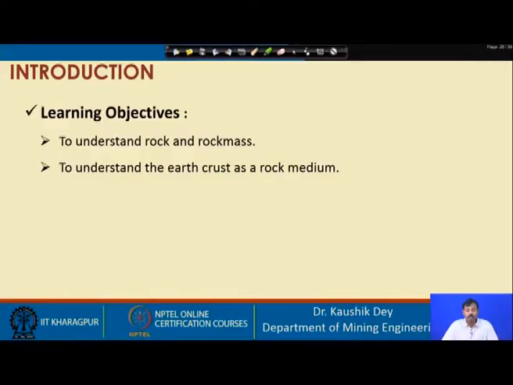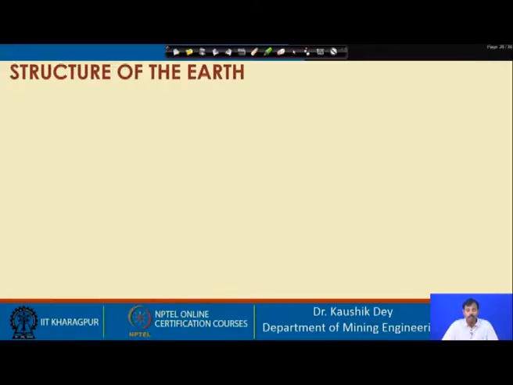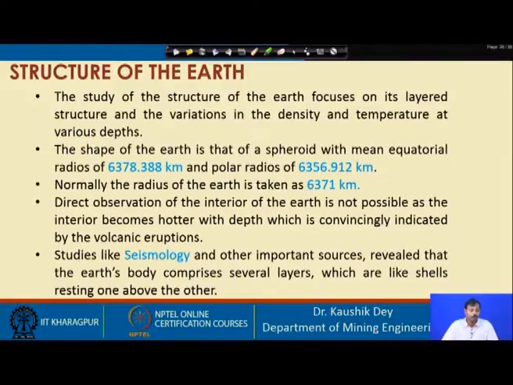So, we should understand what the rock is, and for understanding this we should have some knowledge about the earth also. So, if you are considering the structure of the earth, it focuses on its layered structure.